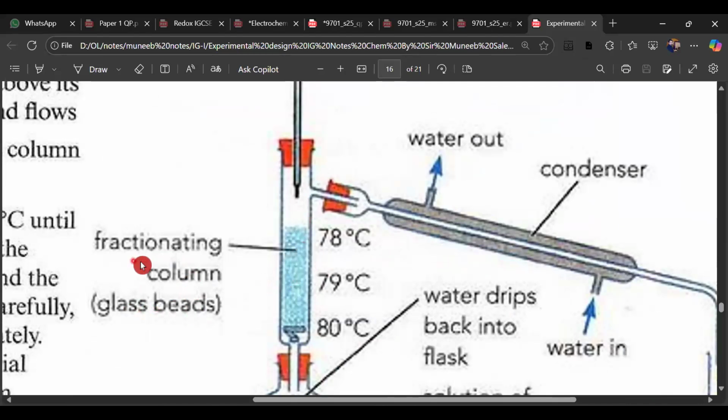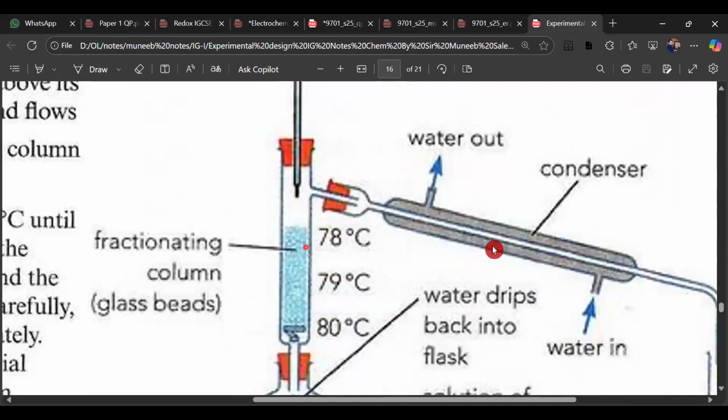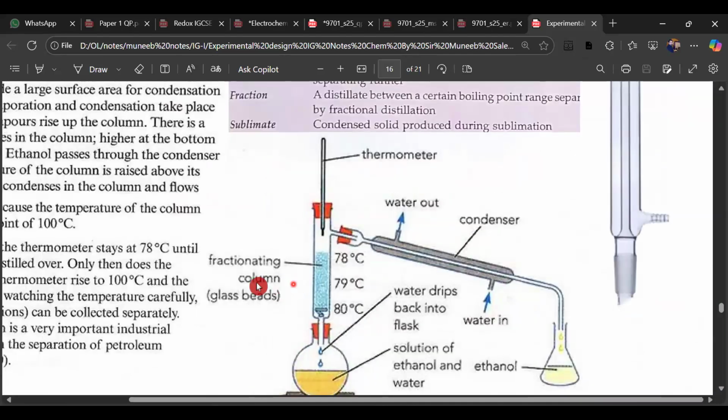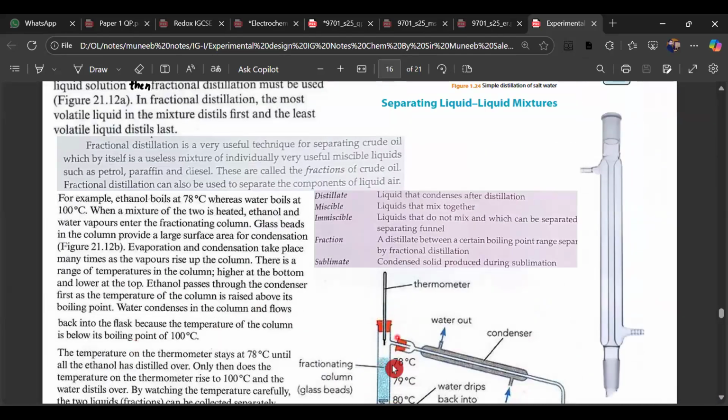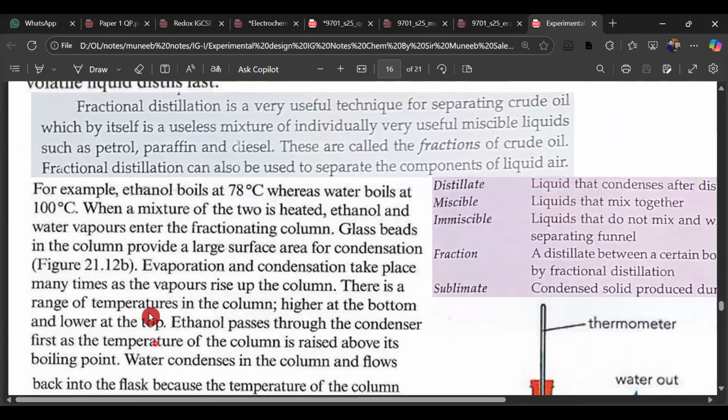We also call it a fractionating column or condenser, because they were using the condenser along with this type of glass beads. Although the purpose of glass beads in the fractionating column is different here, they have mentioned glass beads. Let me highlight that part.